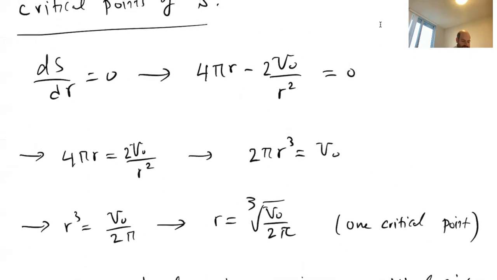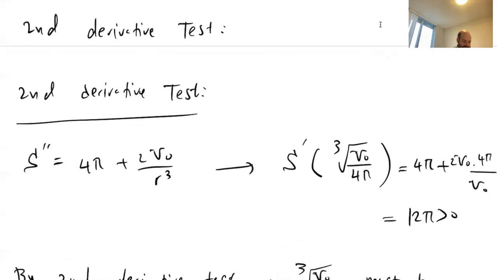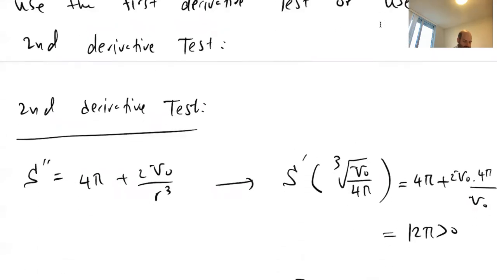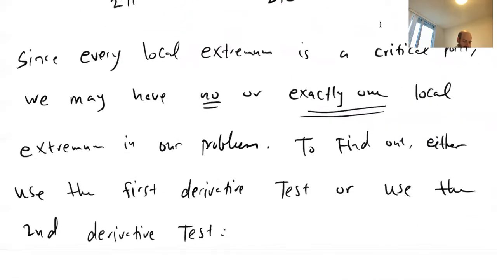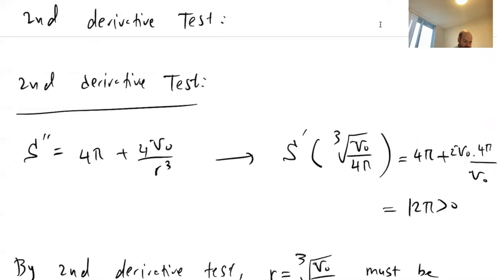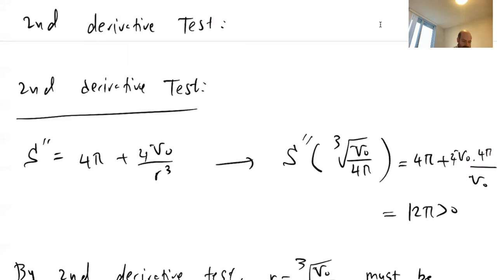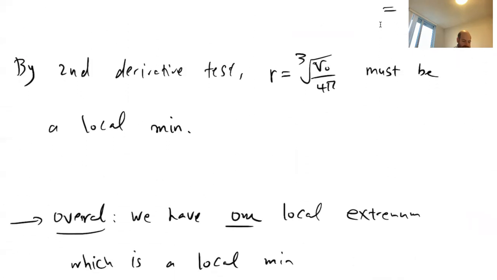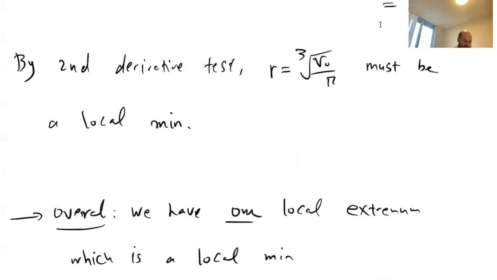And then the second derivative test, so this will be 4 V0 over R cube. But still, of course, it will be positive at this point. This will be 4. And this will be 2. Still positive. And this one we said 2.